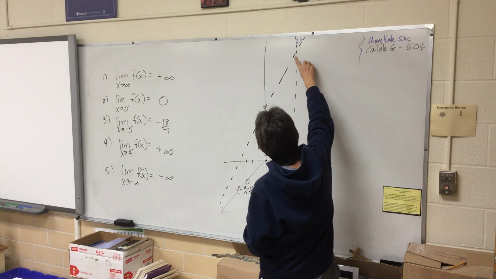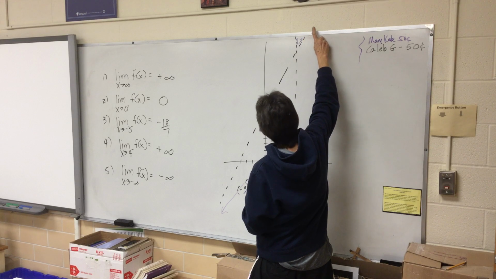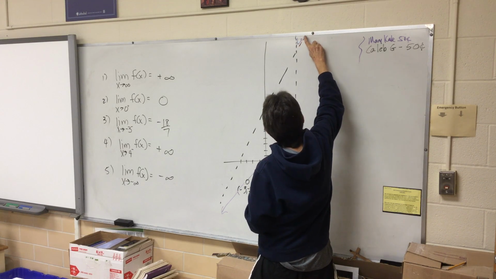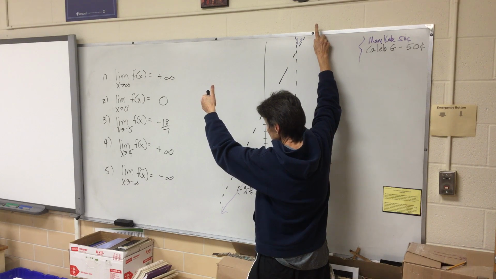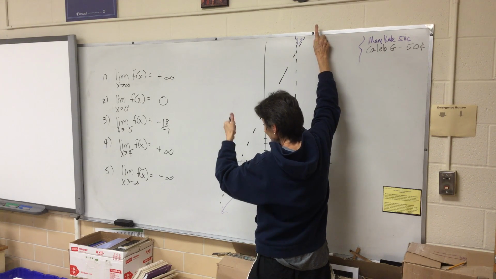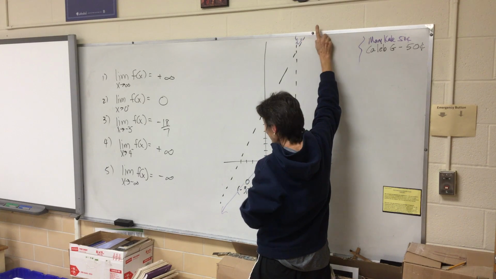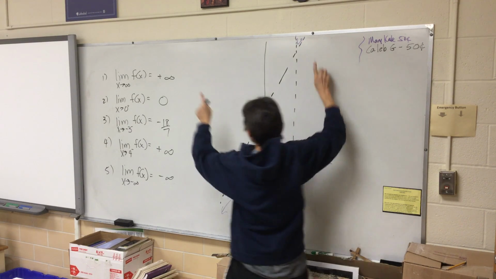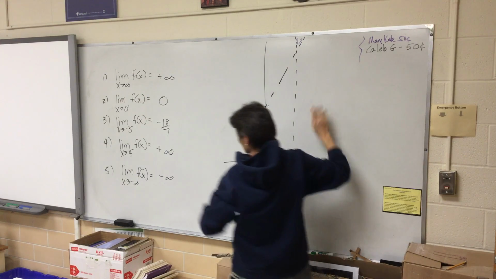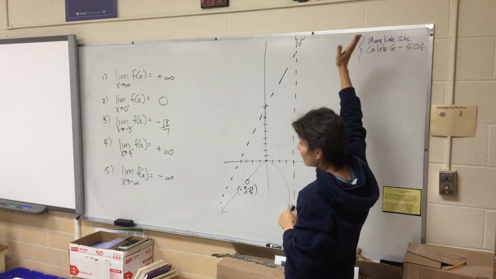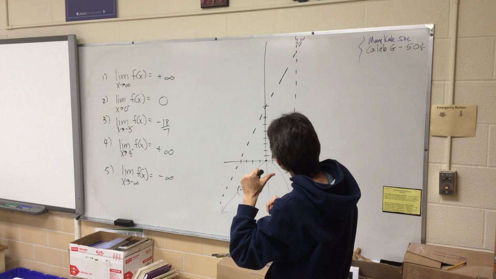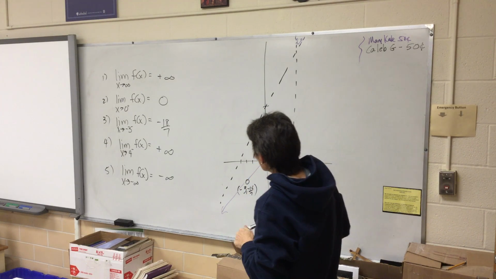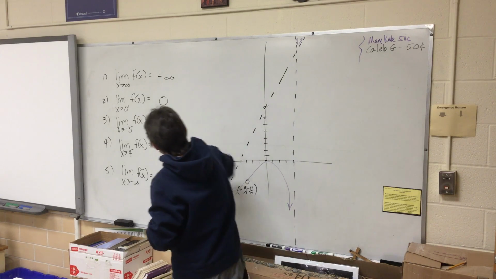As I go to the right, I am also going up, right? And if I am going up and there's no boundary up there, this is exactly the right answer. That picture is shooting up into space. As you go to the right, you're going up. Perfect.